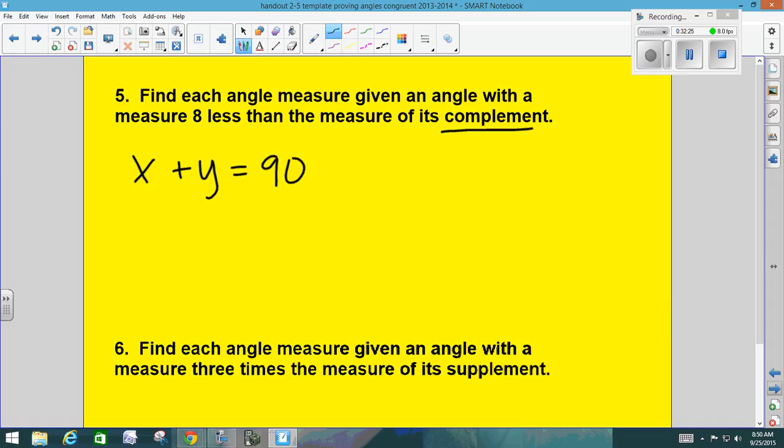One angle measures 8 less than its complement. Let's call this one angle X. Measures is, what math symbol goes with the word is? Equals 8 less than its complement.